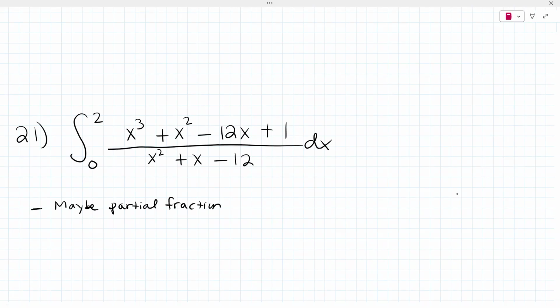But first we got to check if it can be factored, right? By doing long division.